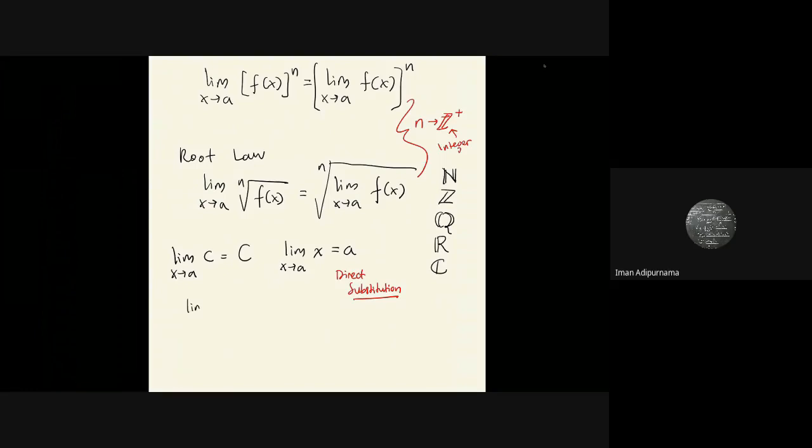And also the power law, you can exchange that. The root law is also the same. So if this is x, then you can directly substitute. If you have x getting to a of f(x), you can directly substitute and get a there.